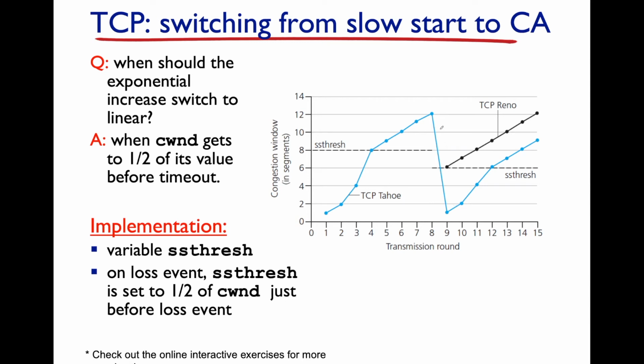All right. So let's take a look at TCP Reno. When we have that loss event, we go down to 6, and TCP Reno starts from that SS threshold. Instead of warming up again from 1, it does that linear increase from 6 to 7, 7 to 8, 8 to 9, and so forth.